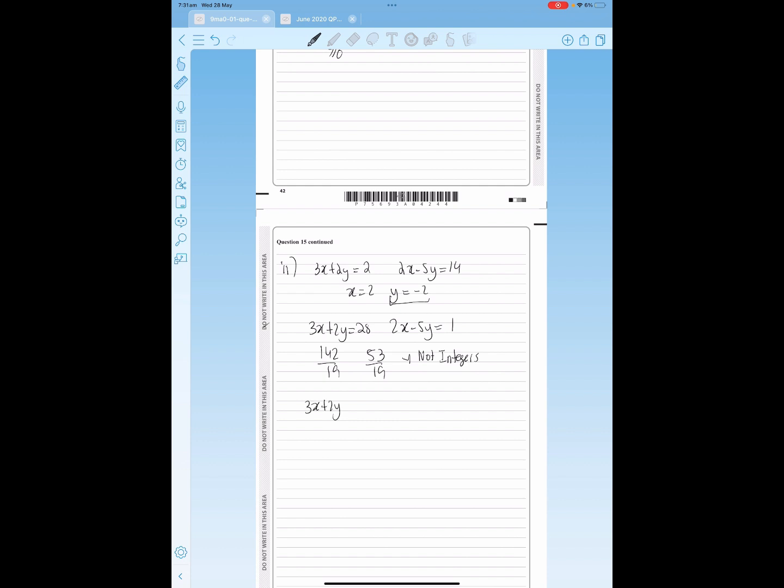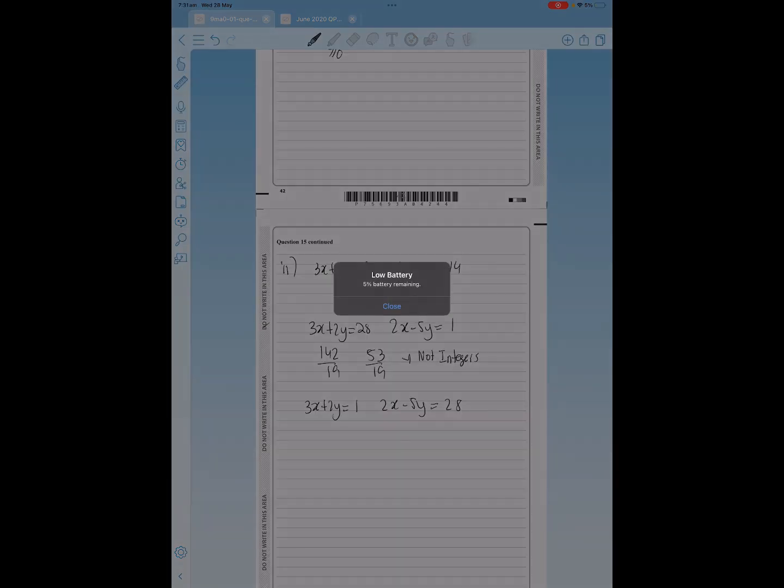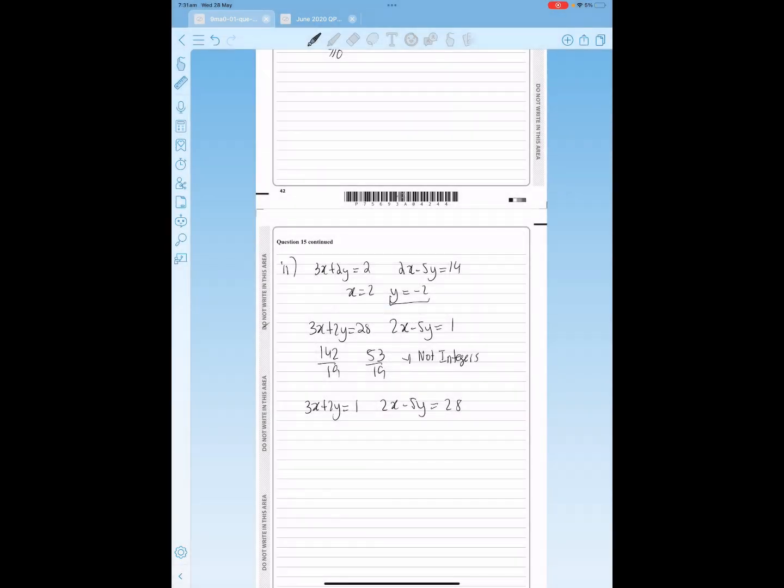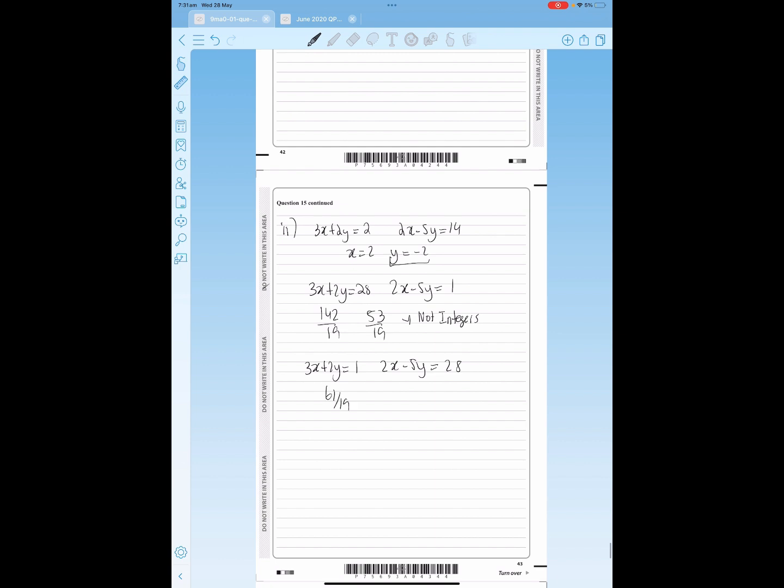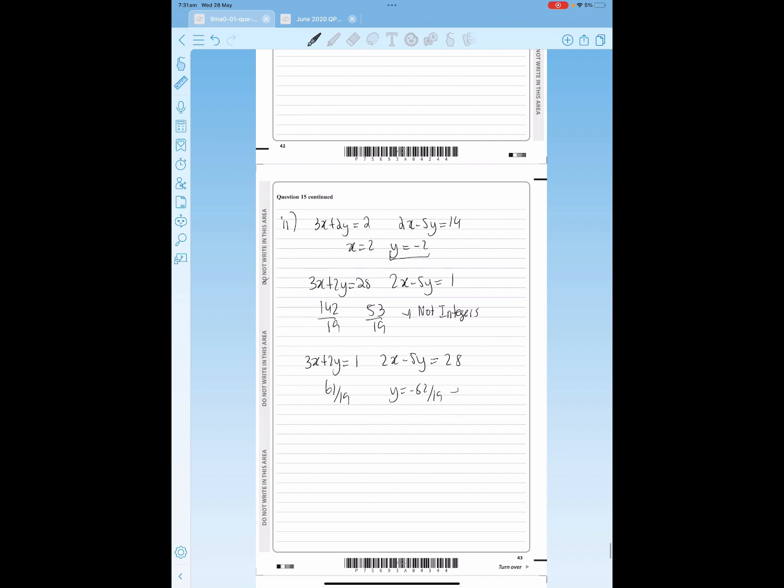Now the same thing like that. And this time you would get 61 over 19, and y is equal to minus 82 over 19. Again, they're not integers. And then you test 7 and 4.